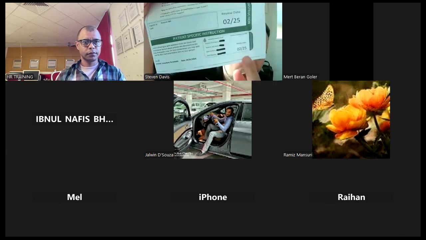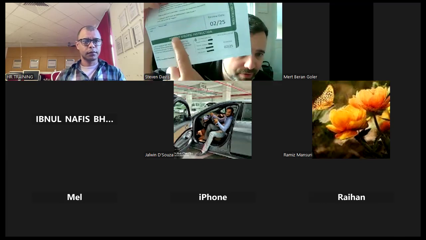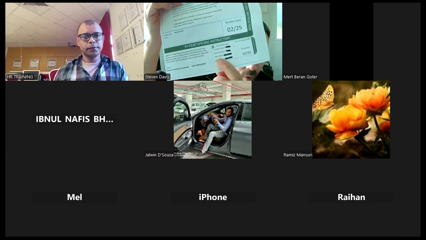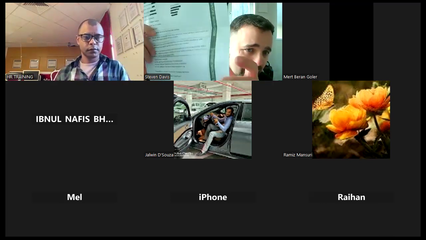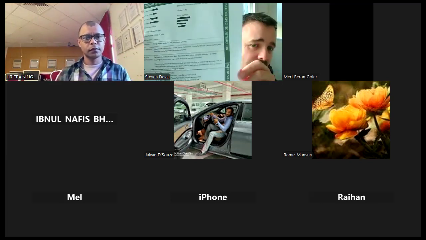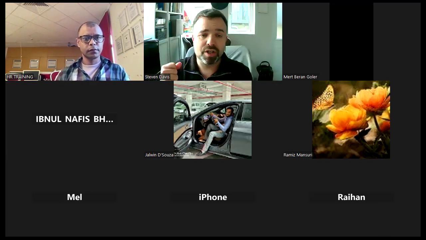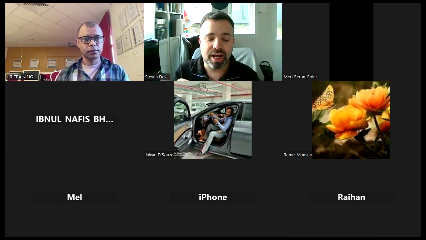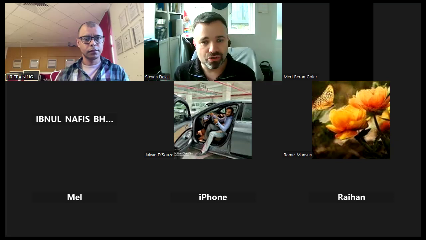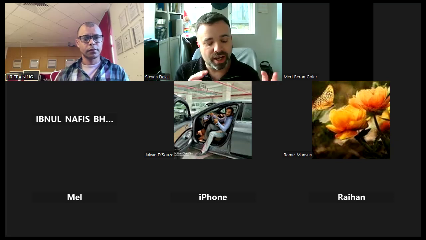So here you can see you've got patient-specific instructions, and what they have from the ambulance service is like an emergency 999 priority. So in other words, when you ring them up, you just say, I've got patient-specific instructions. You give the number on the card.